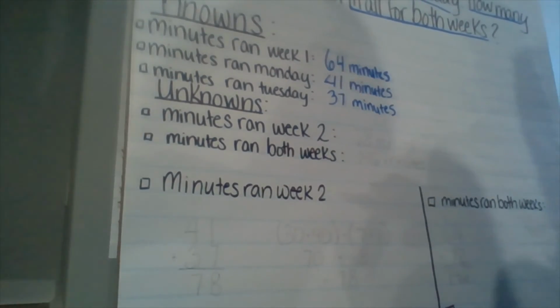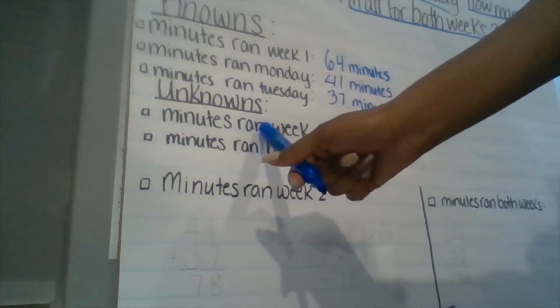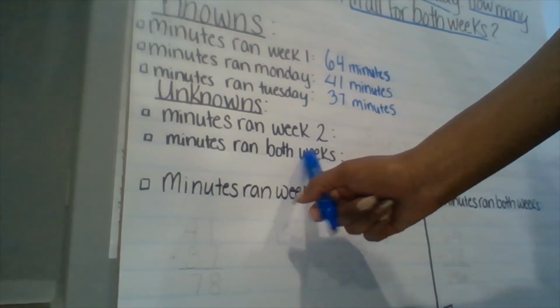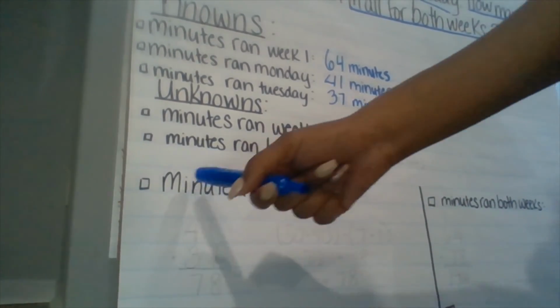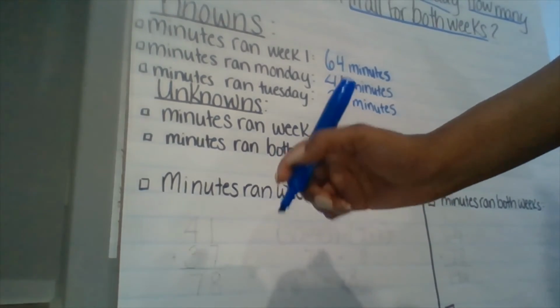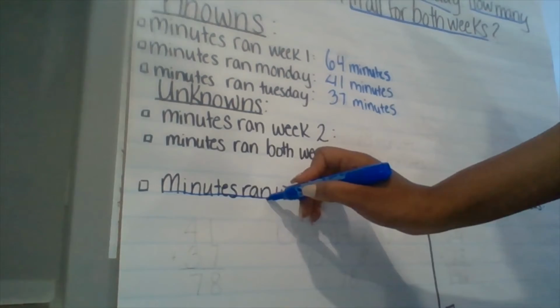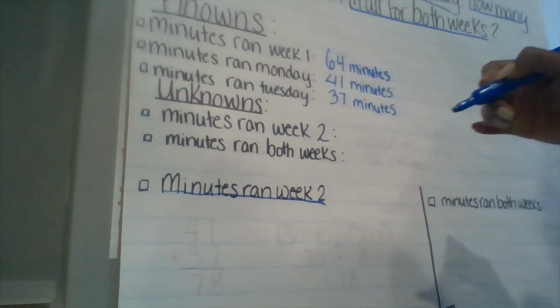We also need to think about our unknowns. What information don't we know yet? We don't know how many minutes she ran together in week 2, and we don't know how many minutes she ran for both weeks. So these are our unknowns that we need to solve for. The first unknown is how many minutes she ran in week 2.